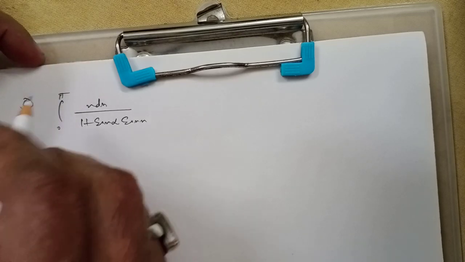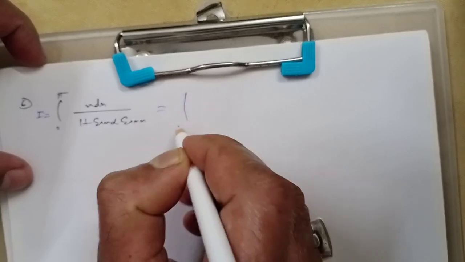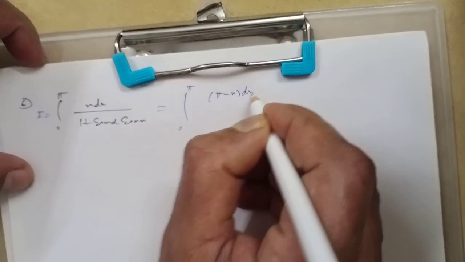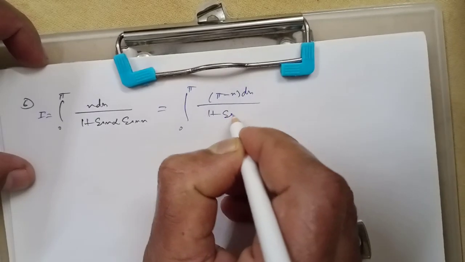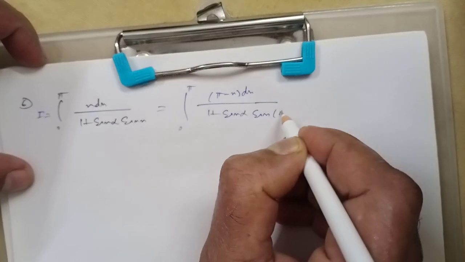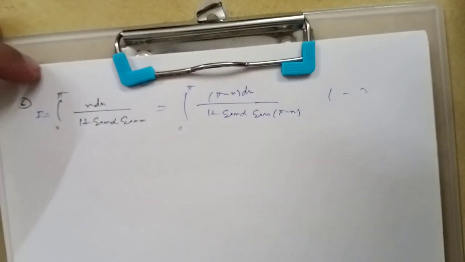So let us first apply our fourth property, that is we have to replace x by pi minus x. 0 to pi, pi minus x dx by 1 plus sin alpha sin of pi minus x. Here I have to mention the property.